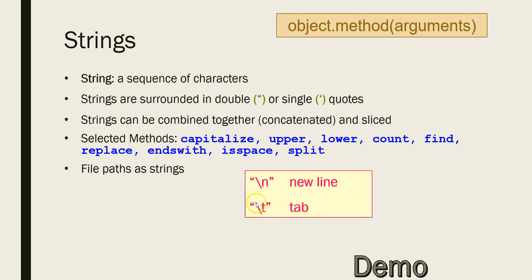And then you have backslash t for tab. So in this case, Python is going to insert a tab between the pieces, between whatever text is before and after.